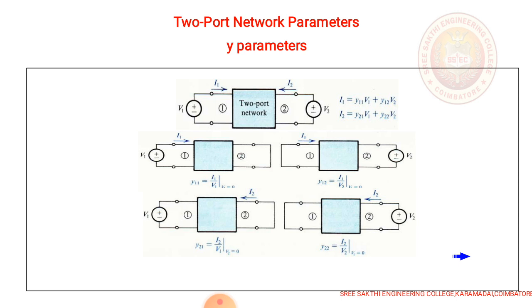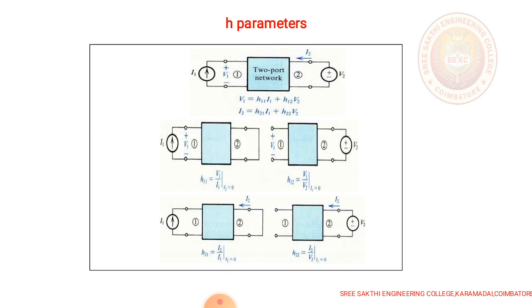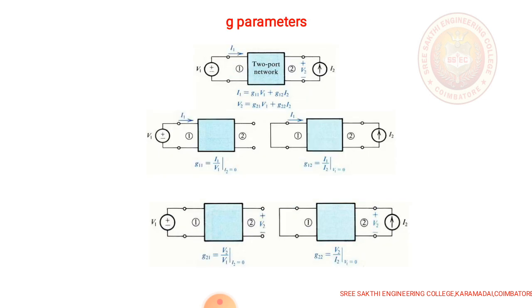Then coming to the two-port network parameters. Each amplifier has some network parameters. So here we have 4 parameters: Y parameter, Z parameter, H parameter and G parameter.